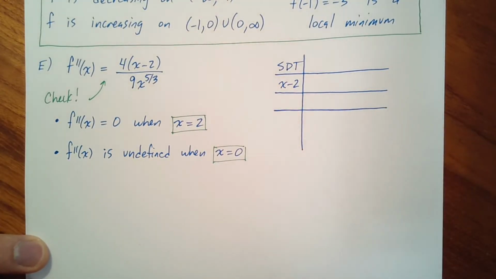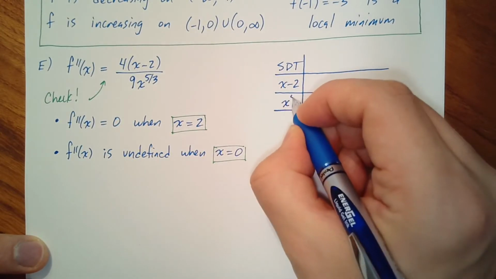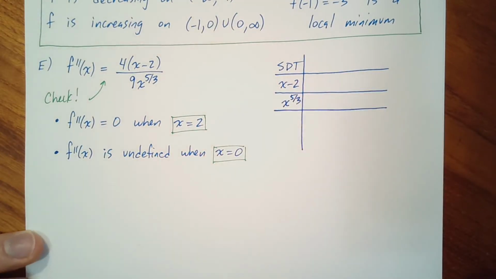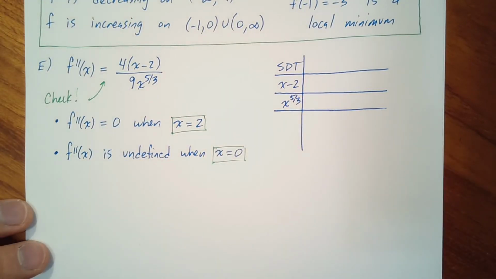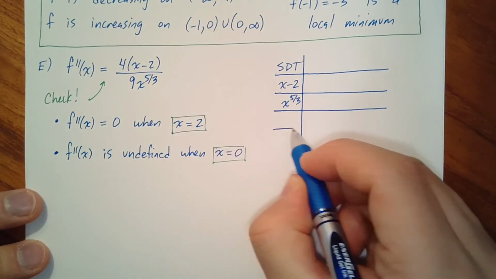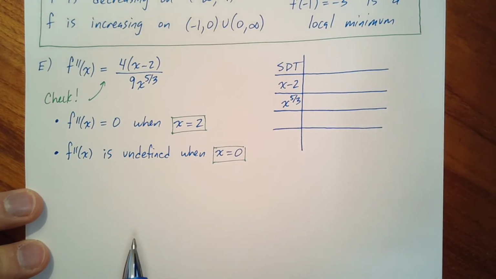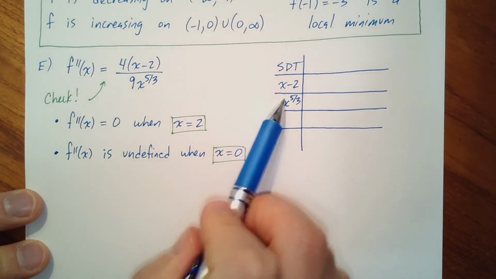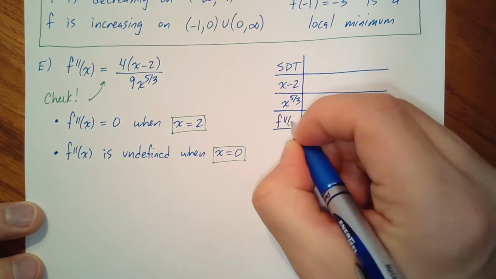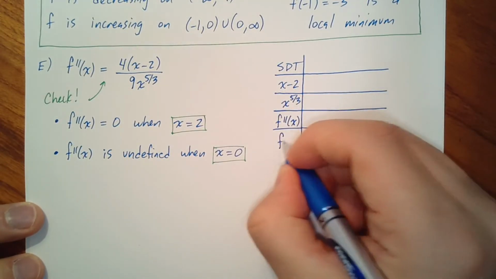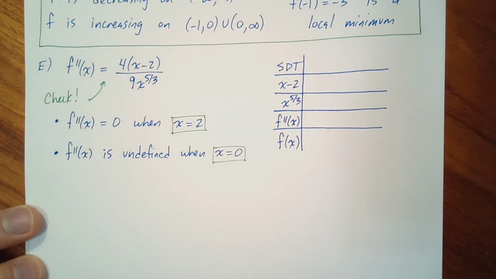And then for the 9x to the 5/3, I'm just going to write x to the 5/3, because multiplication by positive 9 does not affect the result. Then, what about the quotient? If I divide these two, I get something that has the same sign as f double prime of x. And then our last row is going to be devoted to f of x.